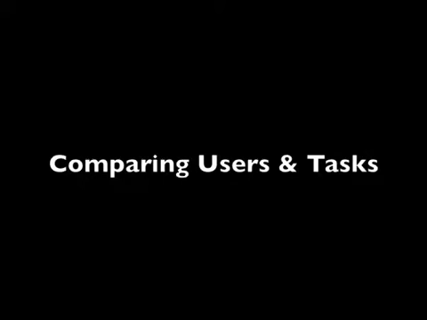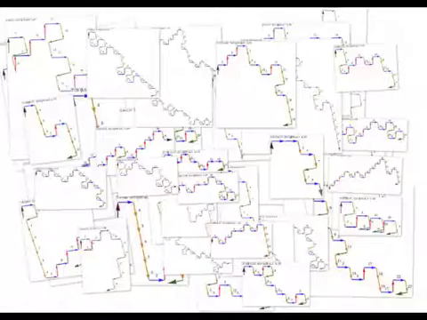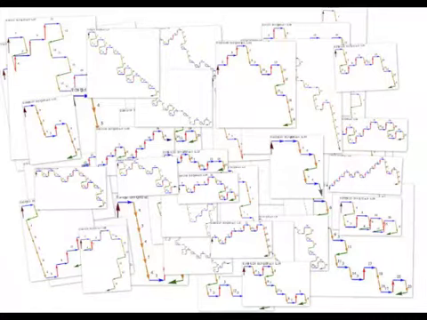The presented visualization technique of search sequences can be useful in comparing different users performing different search tasks. What is shown here is a set of sequences from one user study.